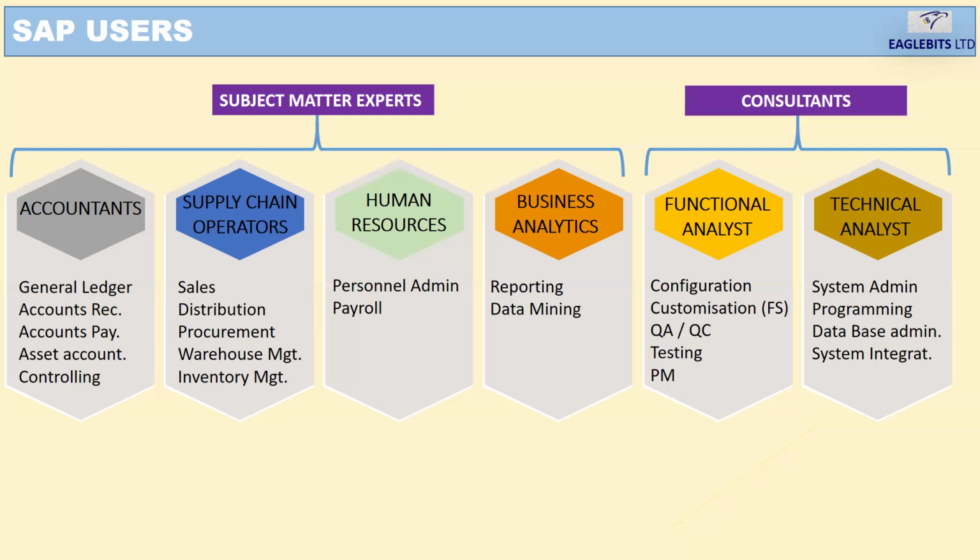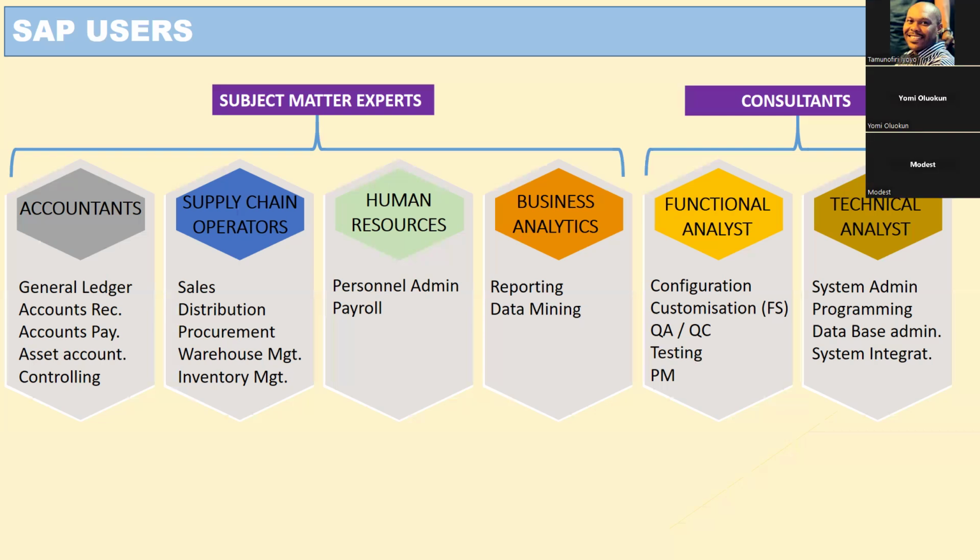Once an FS is done by a functional consultant, the technical person, who could be a programmer, would program whatever is in the final functional specification. All right, so these basically are the two kinds of users in SAP.